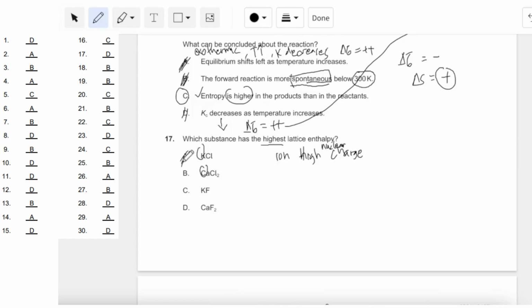So K is not, and it's going to be between B and D. And also small radius. Which one has a small radius? Cl and then F. So A is not anymore, and it's now between Cl and F. F has a smaller atomic radius, so the answer will be D.